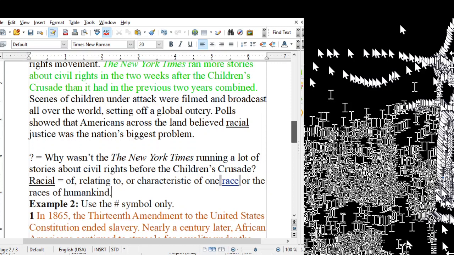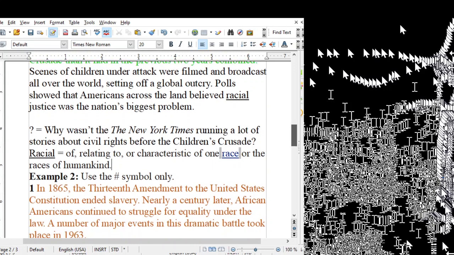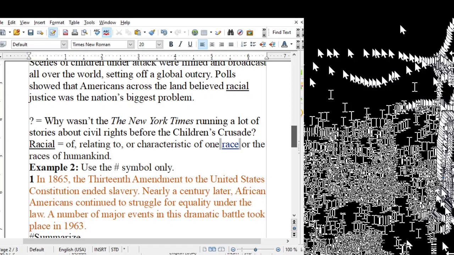Example number 2, you are to only use the hashtag symbol. That's it. So what's the hashtag symbol? It means that you're getting ready to summarize. You're getting ready to put this paragraph in your own words. So here's example 2. That's all you're doing for example 2, is just summarizing it. So here's paragraph 1 from the text, "1963, the year that changed everything."